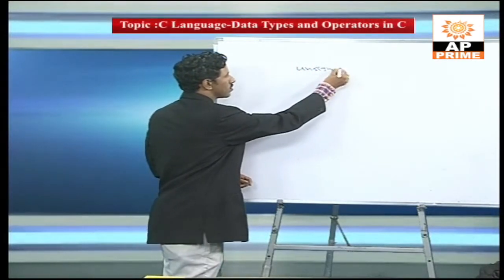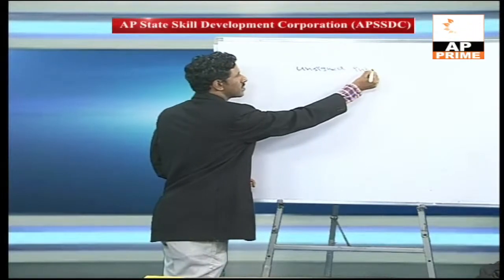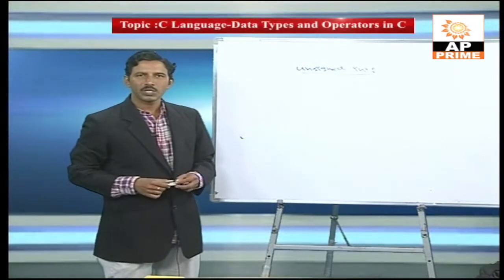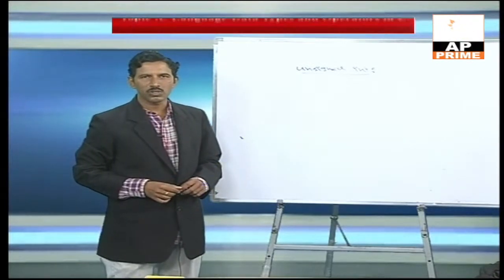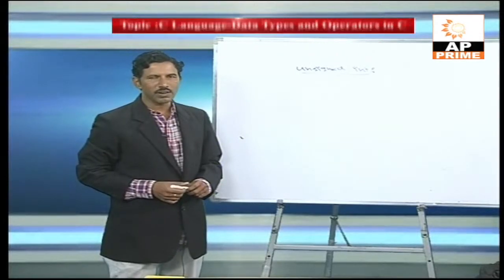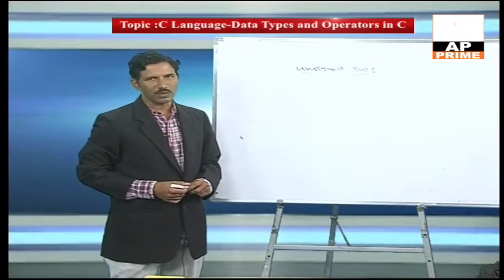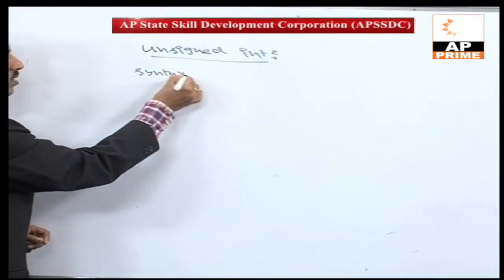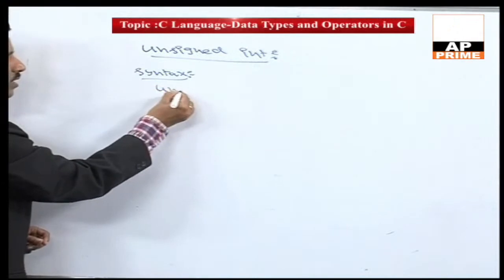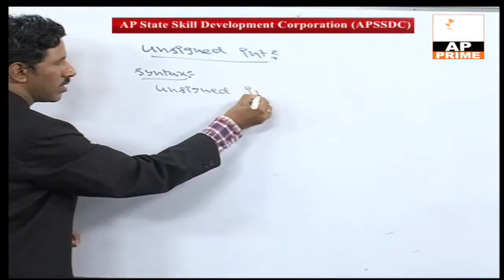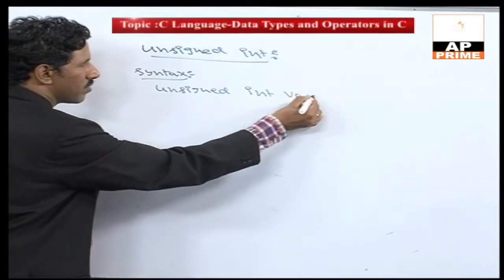The previous one is signed integer, meaning positive and negative values are allowed. If I use the unsigned keyword, only positive values are allowed, similar to integer but only for positive values. You see the syntax of how to create that: unsigned is a keyword, int is a keyword, then the variable, which is our defined name.